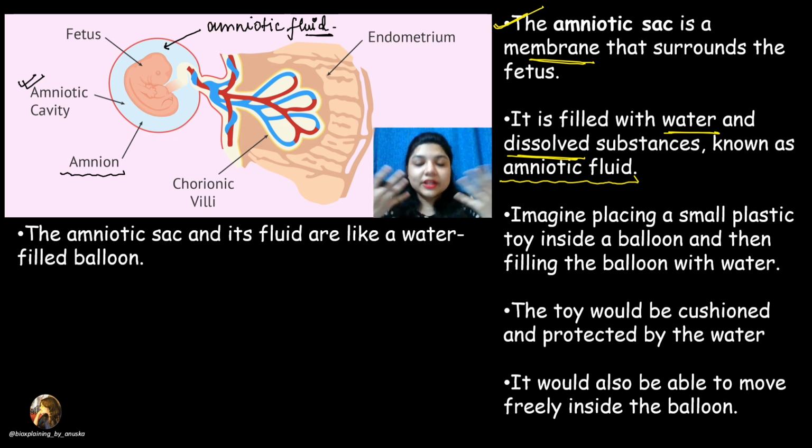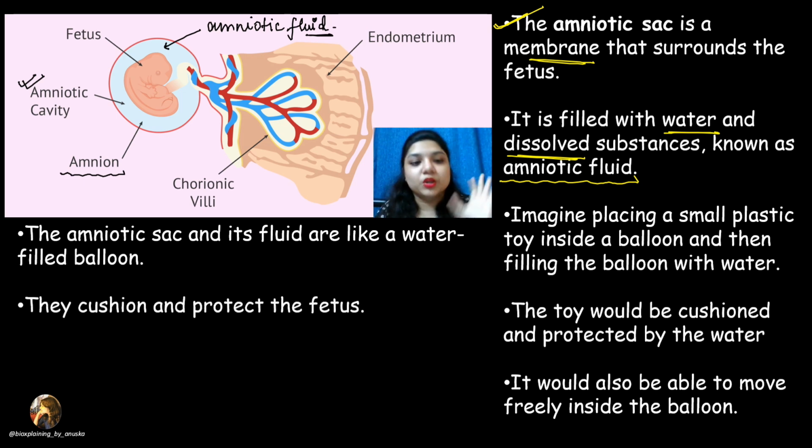So what we can say is, for the example we just considered, your amniotic sac is the balloon, the water inside is your amniotic fluid, and the toy inside represents the fetus. Getting it? So the amniotic sac and its fluid are like a water-filled balloon.